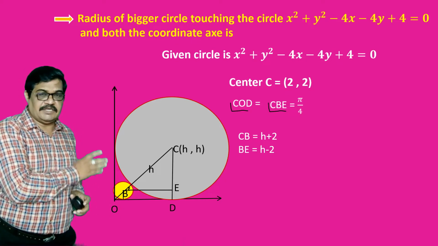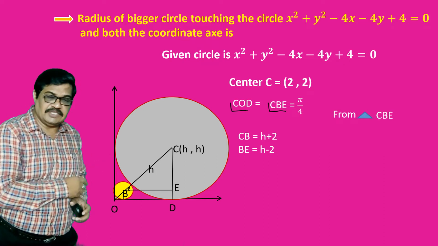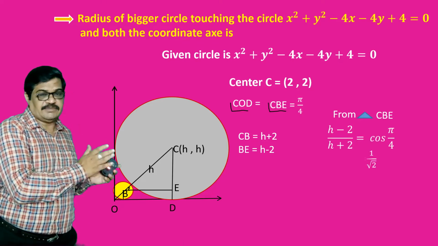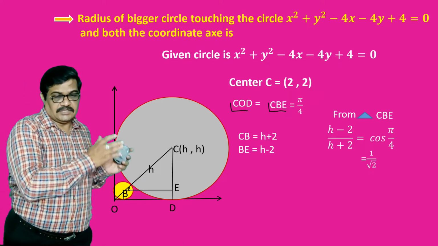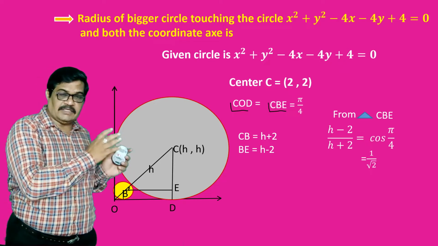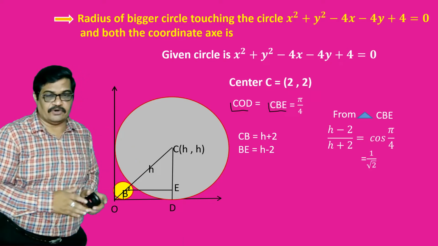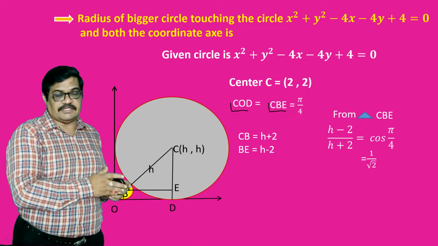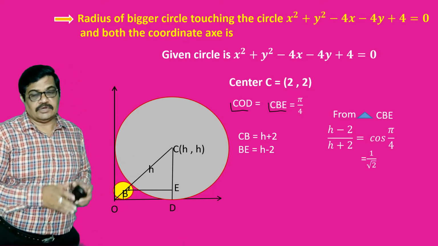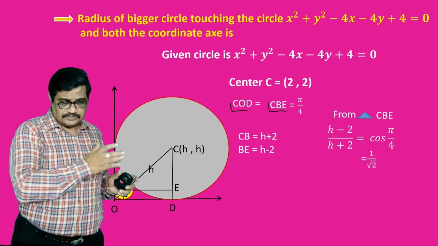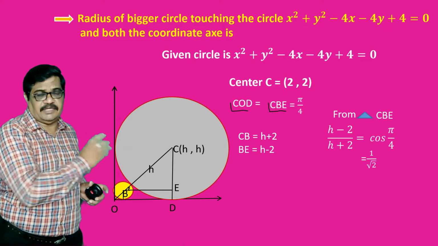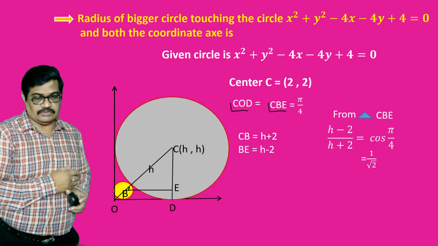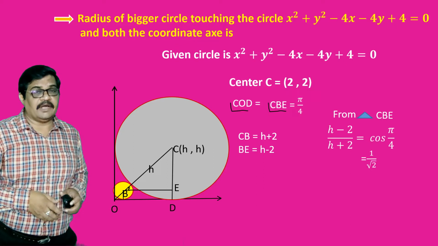From this triangle CBE, we write cos π/4 = (h − 2)/(h + 2), since cos θ is the adjacent side by the hypotenuse. Here θ is π/4, BE is h − 2 and CB is h + 2. What is cos π/4? That is 1/√2.